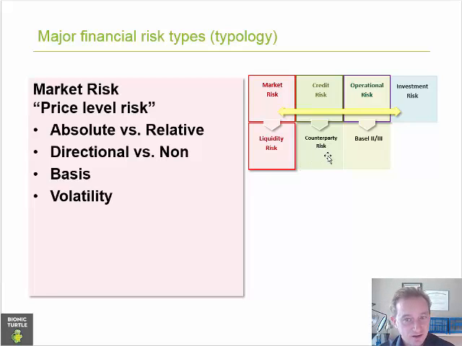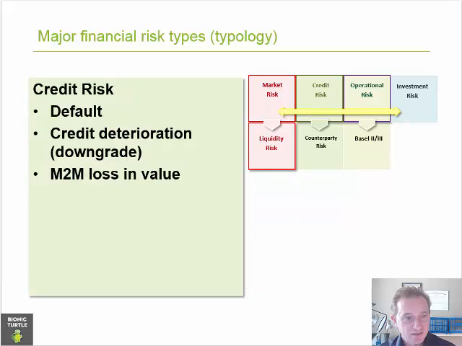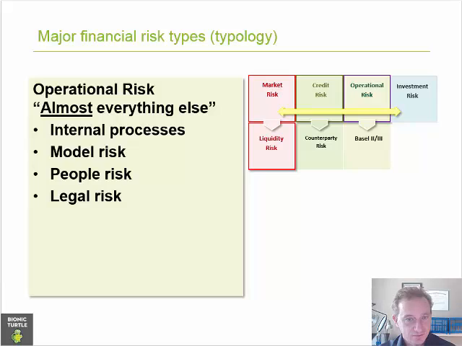Counterparty risk also became very important in recent years, but it's a subclass of credit risk. And then Basel II and Basel III I've got here just because organizationally the FRM has Basel under operational risk. But you can see here generally there's a map of what we study in Part 2: market risk, credit risk, and then operational risk.